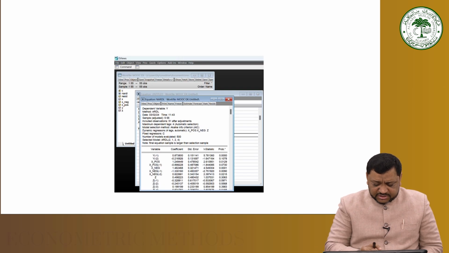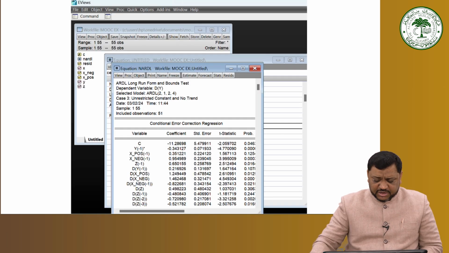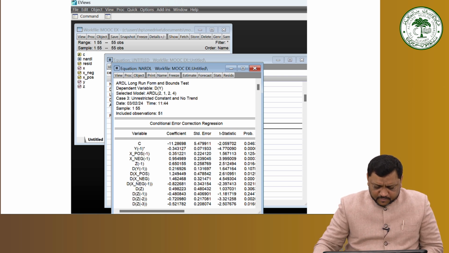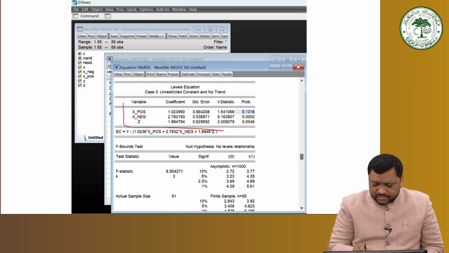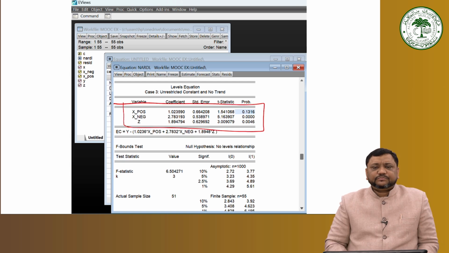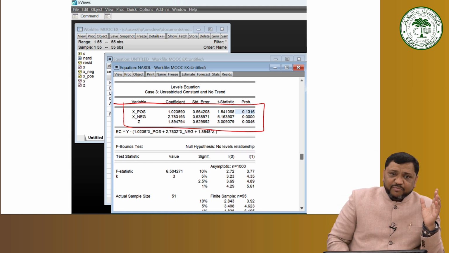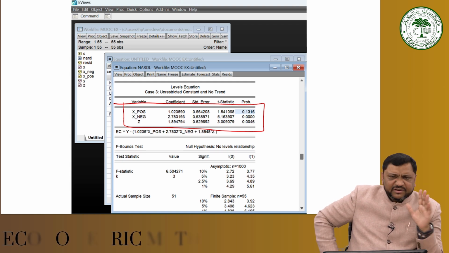Once we have done this, an output box comes, not of much use for us. This is what we need. Herein again, the beauty of this model is that in the ARDL model, both of these values x and z were significant, very fine.